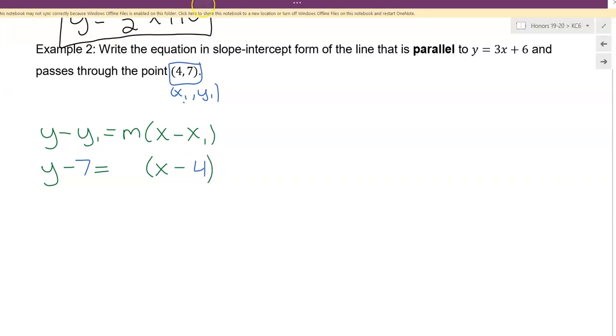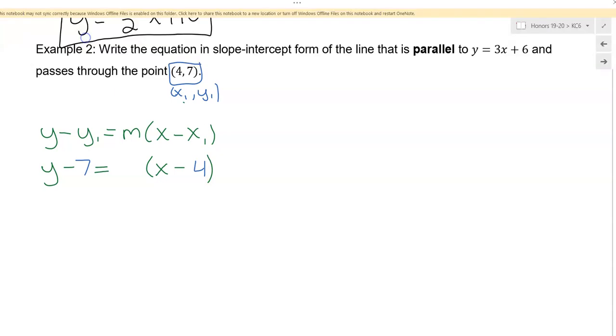Okay. So now, the other piece of information it gives us is this: I want to be parallel to this. Well, the slope of this line is 3, because the 3 is in front of the x.